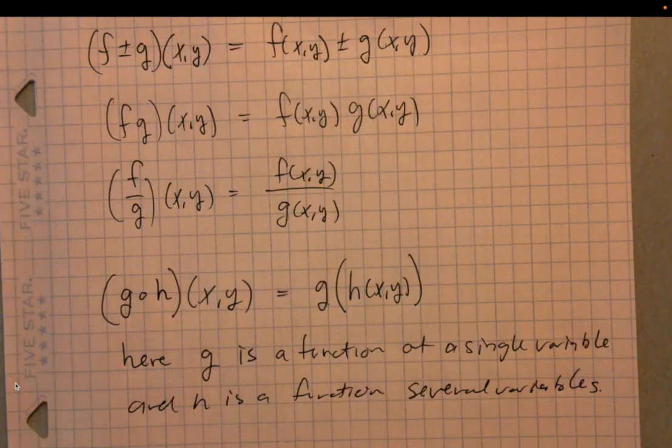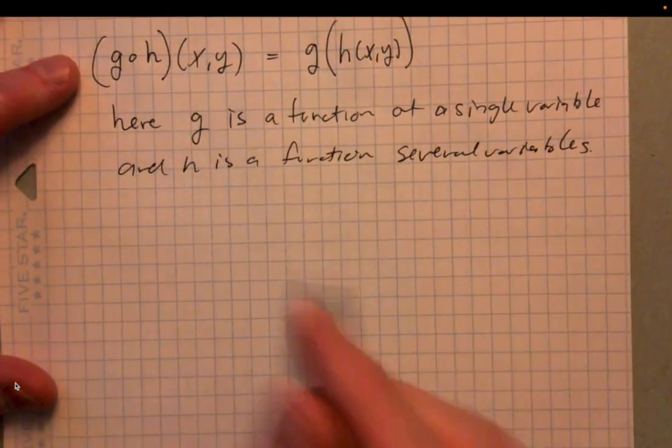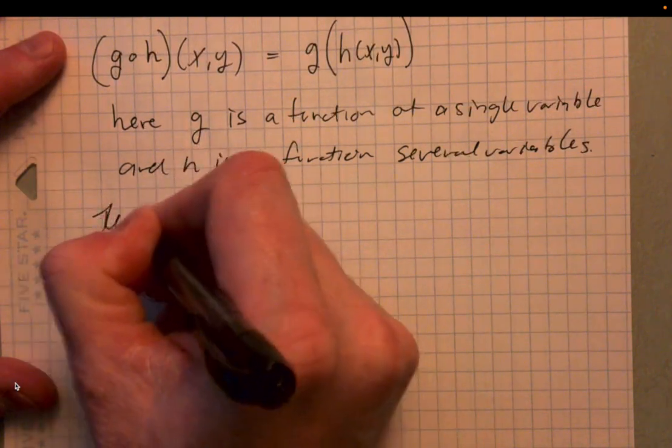Okay, now what about the domain in the case of composition? Well, in the case of composition, we would say the domain is going to be the subset of the domain of h such that h of x, y is in the domain of g. So let's write that out.